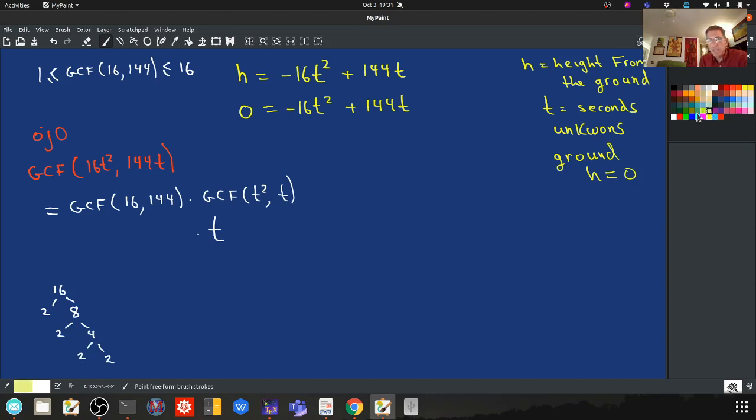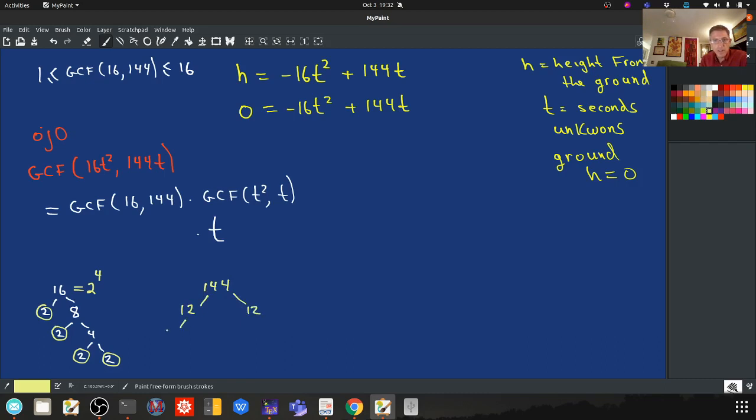So 16 is equal to 2 times 2 times 2 times 2. So 16 is equal to 2 to the 4th. So let's do the same thing for 144. Now you might realize 144 is 12 squared. So let's use that fact. It's 12 times 12.